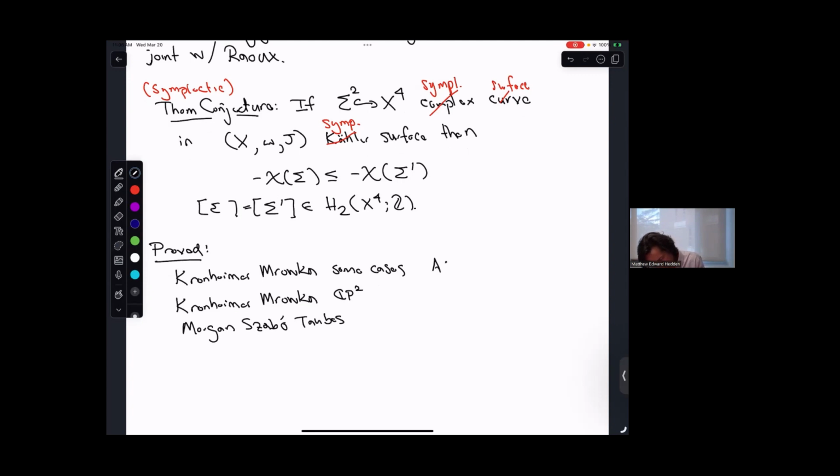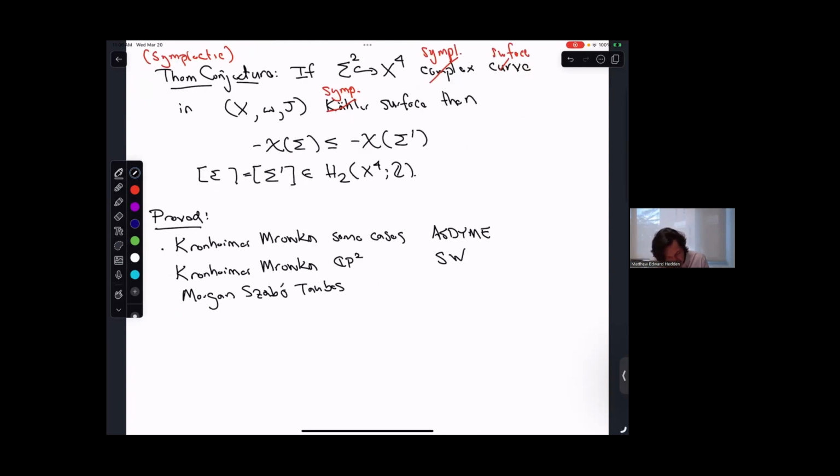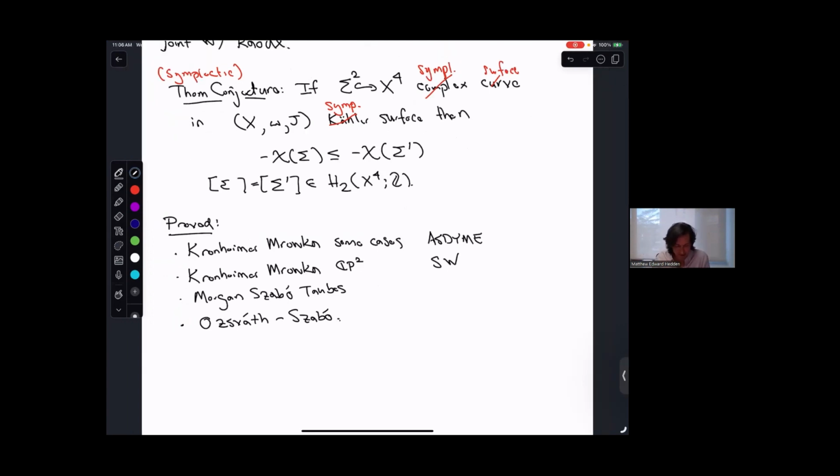So this is ASD, this is Seiberg-Witten. And then Ozsváth and Szabó proved the general case of the symplectic Thom conjecture.